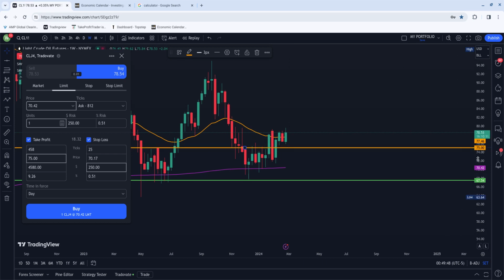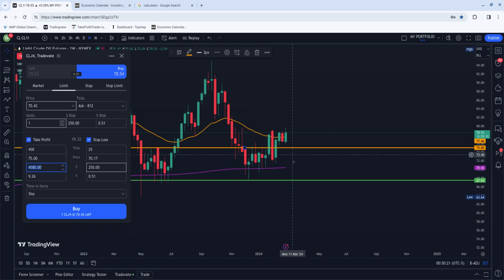So the dollar amount will be $75 here, but I'm getting in at the price of 70.42. If I'm right, that's a full 458 points or ticks, or pips. This is where I'm going to get out as far as the price, and this is how much money I'll make with one contract. All right, this is how one should be trading. Keep it that basic and simple. It's really that simple, not complicated at all.